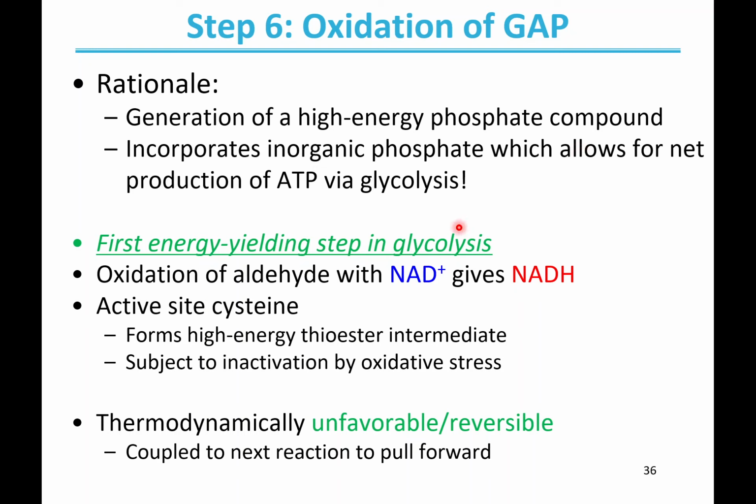It incorporates the inorganic phosphate, which then allows for a net production of ATP via glycolysis. So you're adding another phosphate to your 3-carbon sugar, which then can be transferred to ADP to make an ATP.